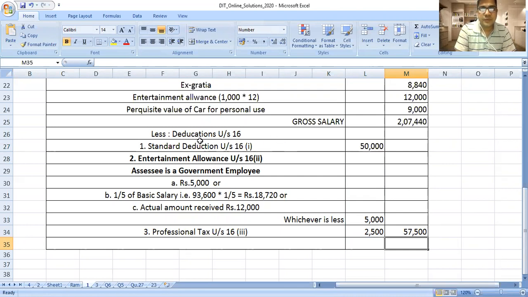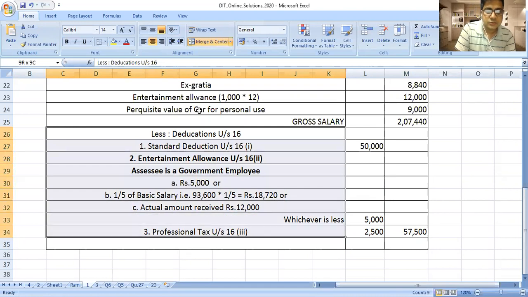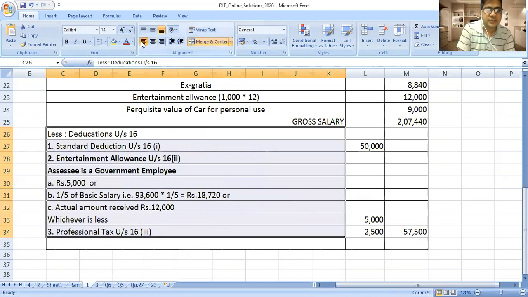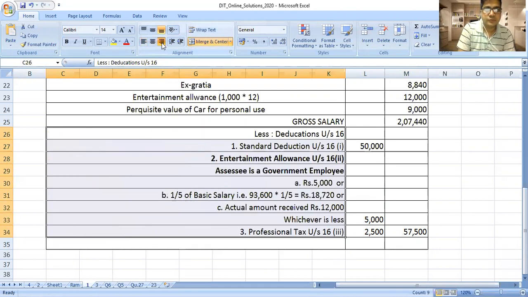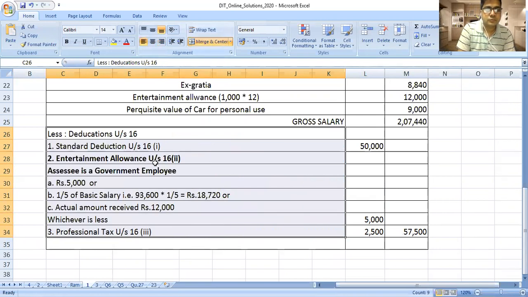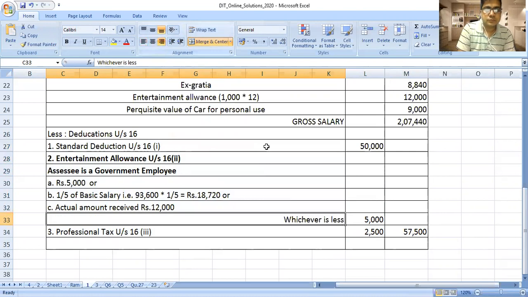This 57,500 is considered as the deduction value. After that, from the gross salary, we will deduct 57,500.